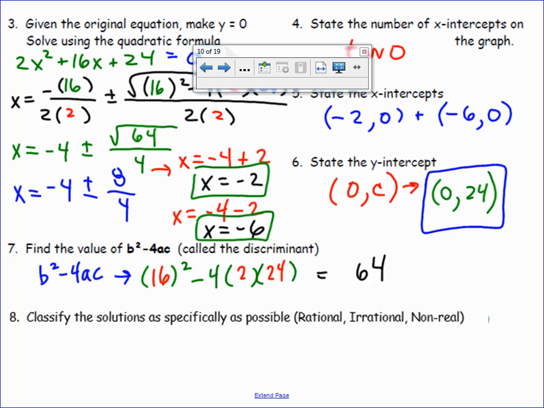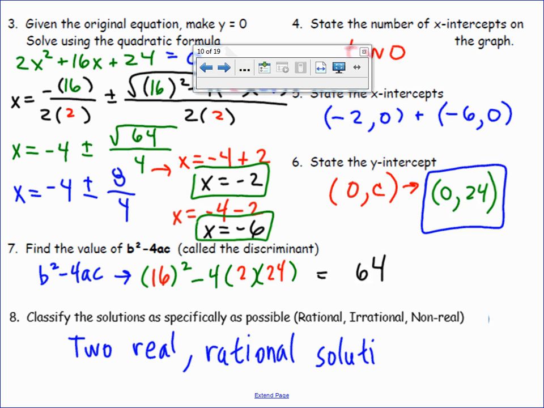And so we're going to classify them by number and type. So we would say 2 real, rational solutions. Keep in mind if there were radicals in them that didn't reduce, like 2 plus or minus root 6, that would be 2 real irrational solutions.